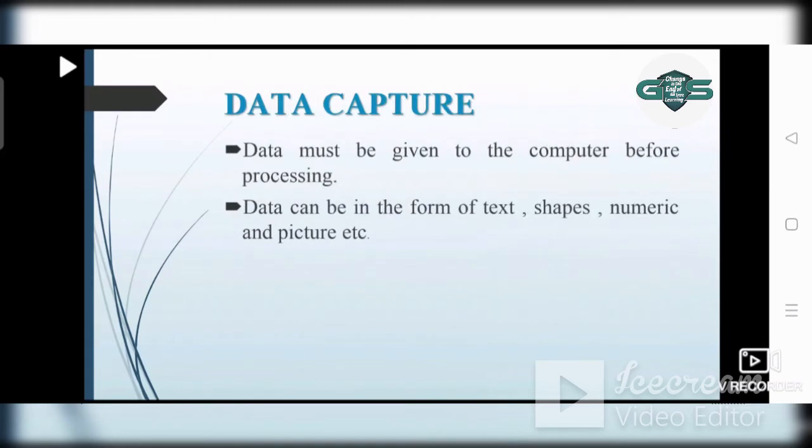Now, what is data capturing? Data capturing is the way you put your data into any computer or any software. It may be in the form of text, shapes, numbers or pictures, and many other forms. You can give the data to any software or for your study.